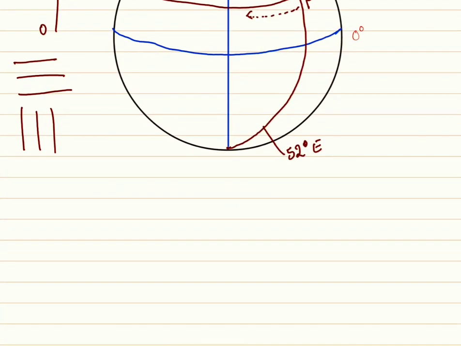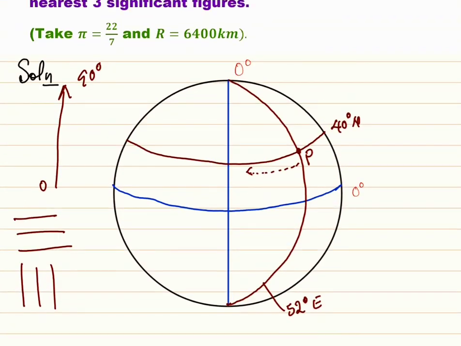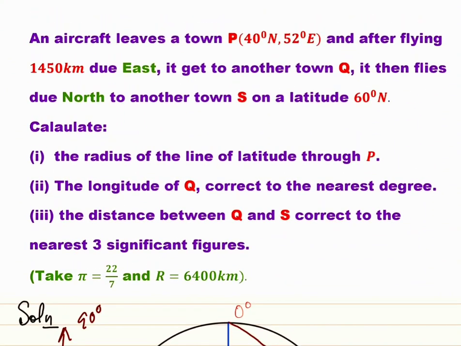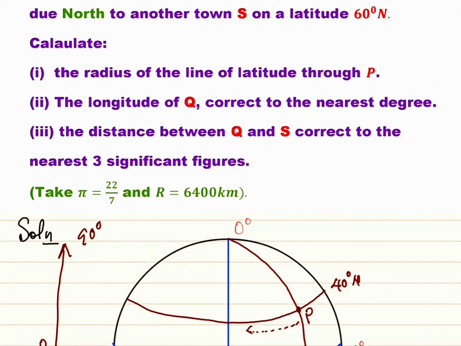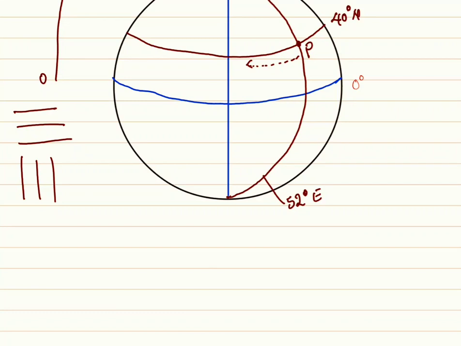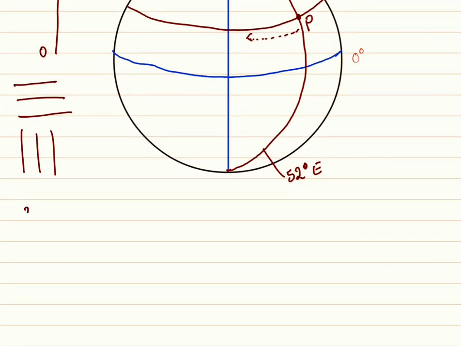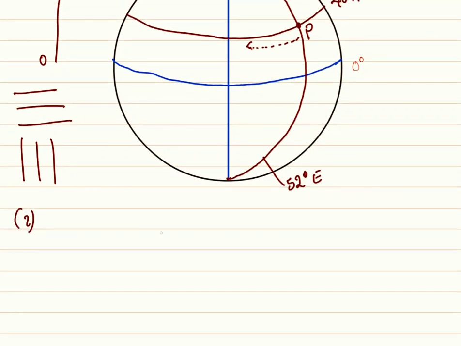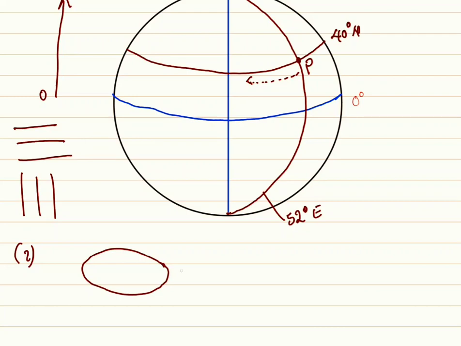So now, like I said, we'll move to find the first question, which is the radius of the line of latitude through P. Now, this is what this question is talking about. This is the ring that houses the latitude of P. All right, and at this ring, it is 40 degrees north.